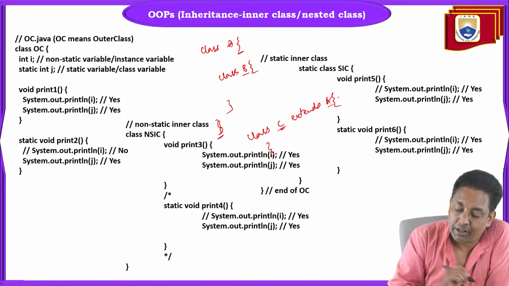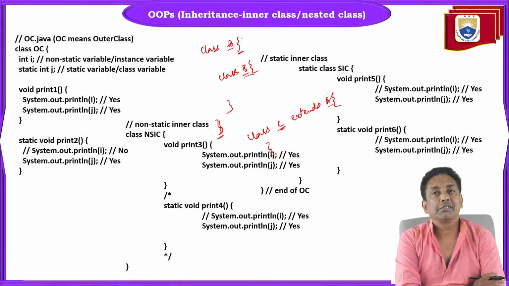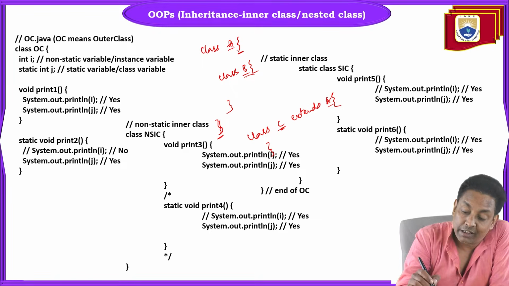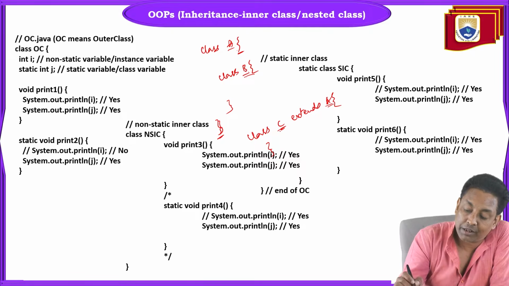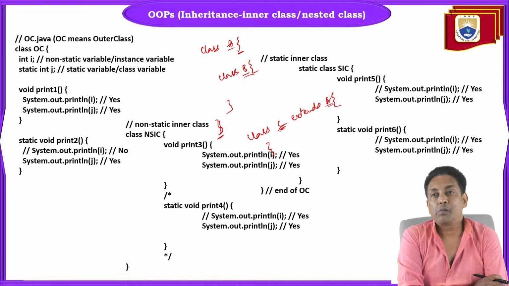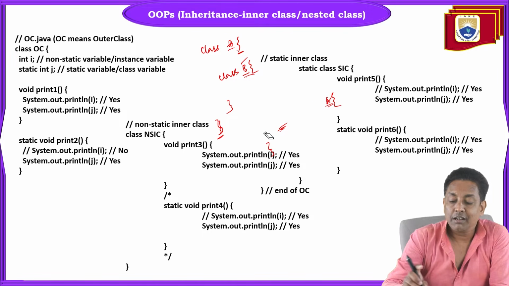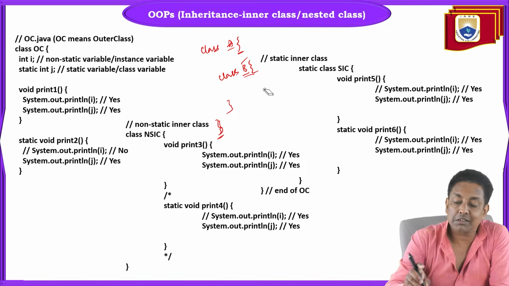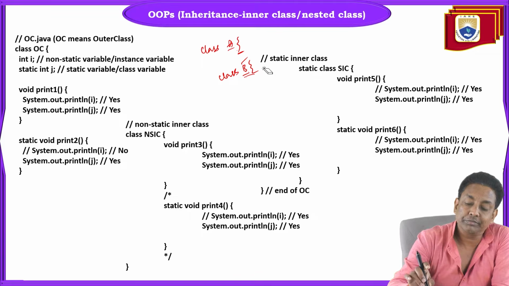C is a subclass of A, but B is an inner class of A. B is written inside a class. Here C is written outside the class but by extending from class A, C was derived. So C is a subclass, B is an inner class. Writing a class inside a class is called an inner class.